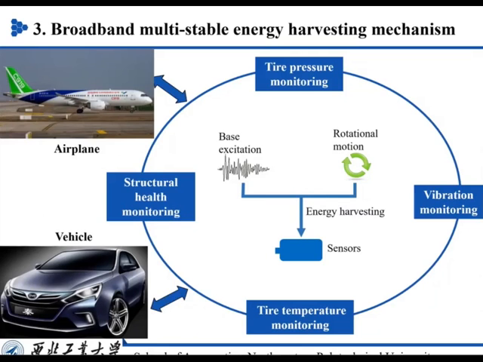In the tire, the working environment is totally different from the base excitation one. It has base excitation and also rotational motion. So we harvest energy from both the base excitation and the rotational motion to power the sensors.